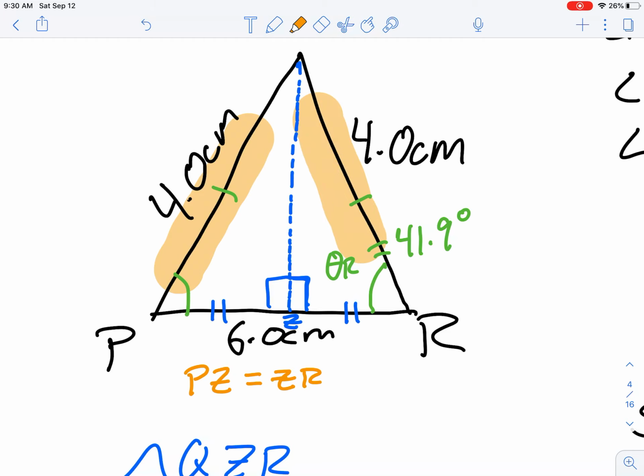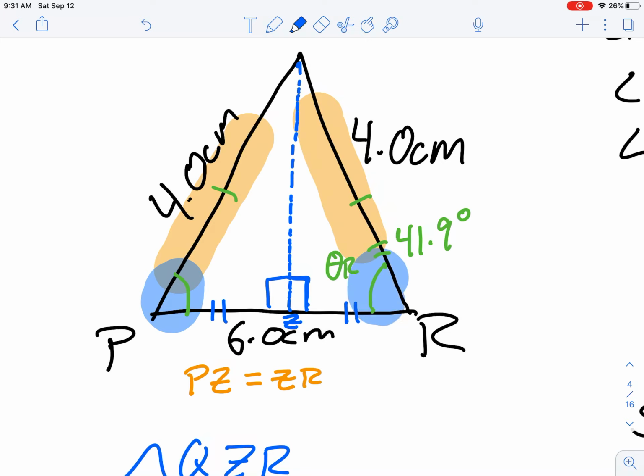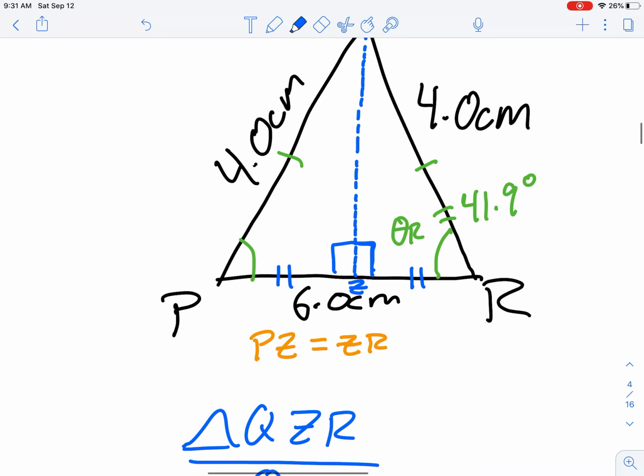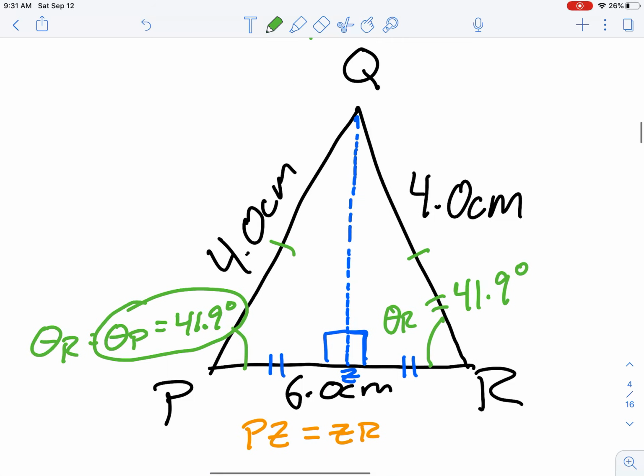So there's this side length, that means that these two angles have to be the same, okay? And that's only in isosceles triangles. So that means angle R equals angle P. So that means this one's 41.9 degrees, okay? So we have two of 3 angles. Now we have to find angle Q.